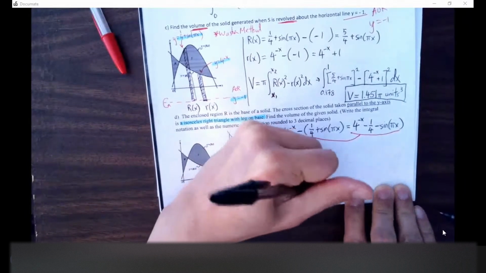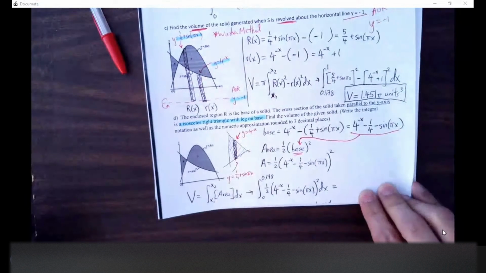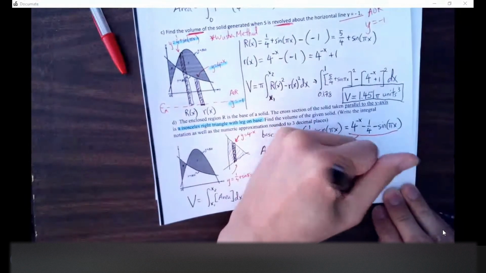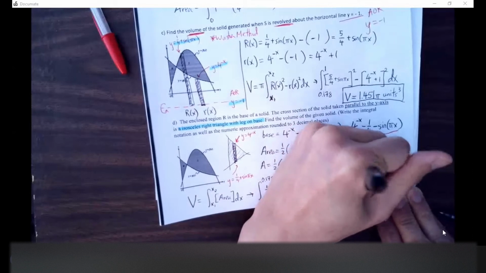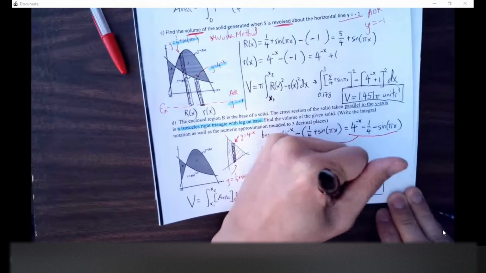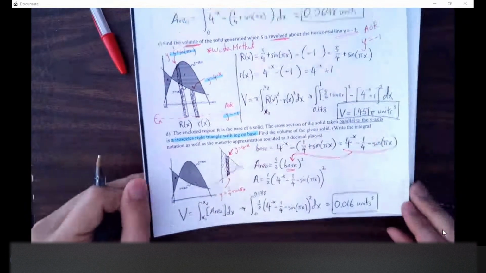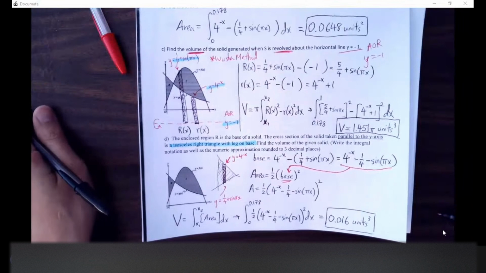All right, practice entering into your calculator, and we should get 0.016 units cubed. Any questions there?